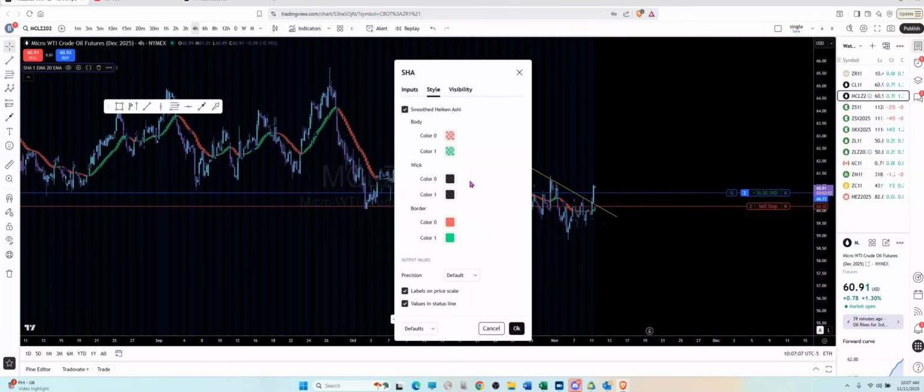So I just took the wicks off altogether because I don't really care. I'm still looking at the candlesticks here. But it still will give you the smooth price action. And you'll still have the different size candles here. Heikin Ashi candles, you can see they get smaller as price tends to run out of steam, and then they'll get a little bigger when price is in a strong trend.